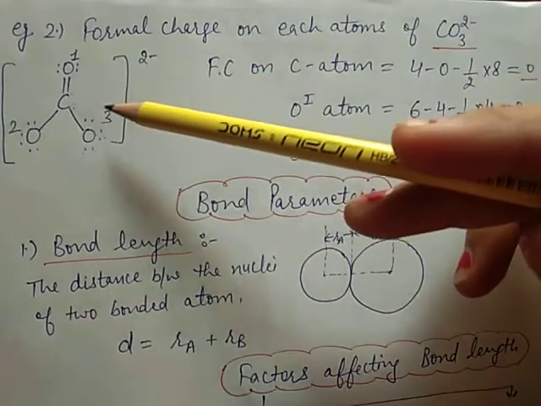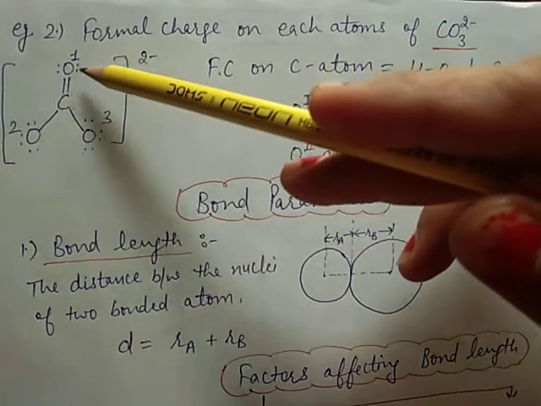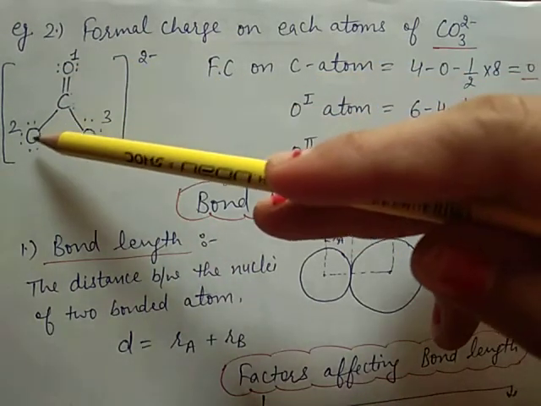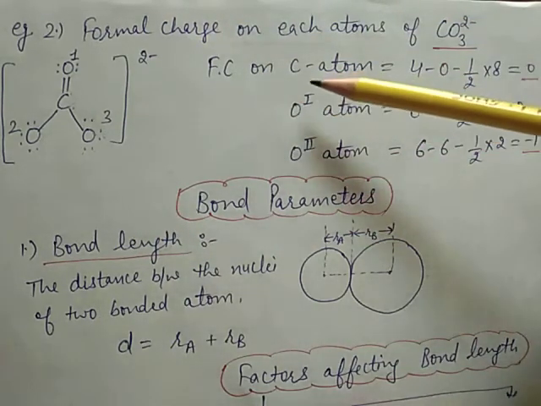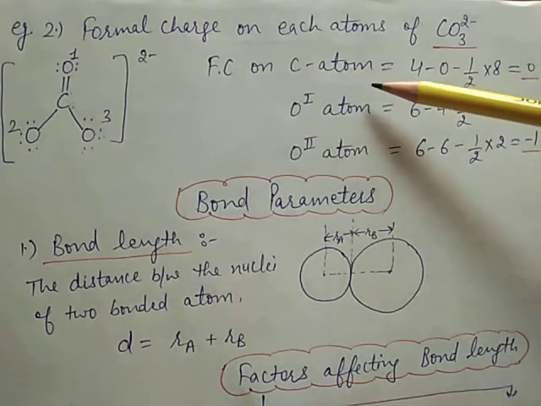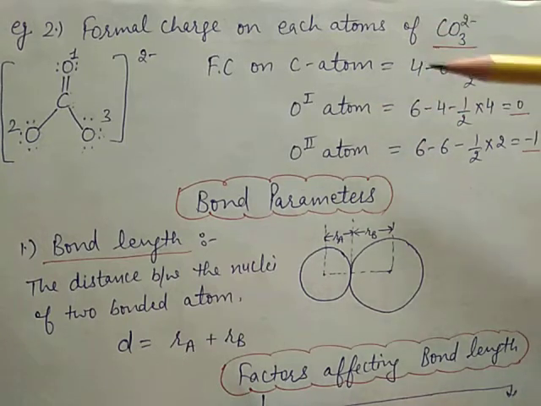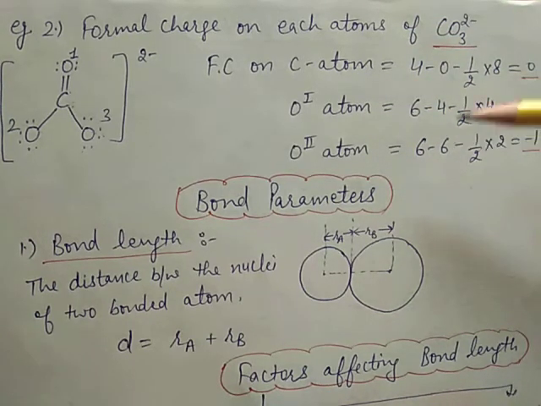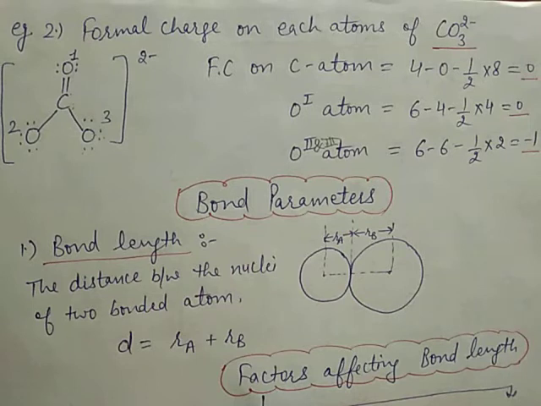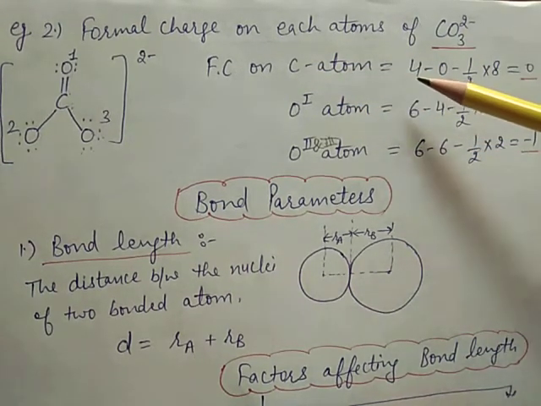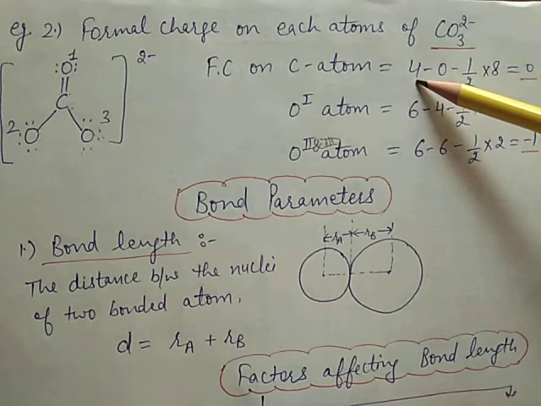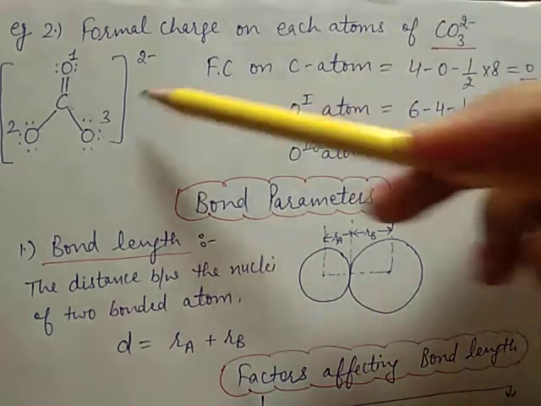Now we have to calculate the formal charge. Suppose this is oxygen number 1, this is oxygen number 2, this is oxygen number 3. First, the formal charge on the carbon atom. The total number of valence electrons on the carbon is 4, minus the lone pair electrons.